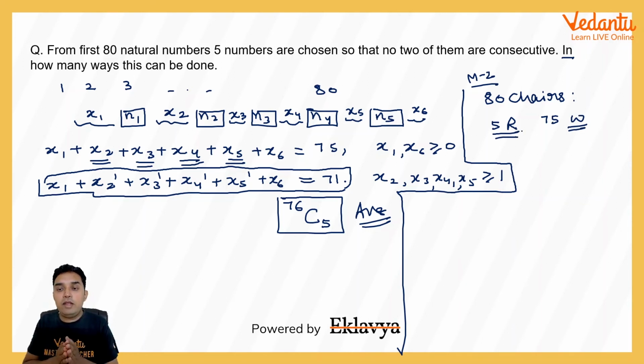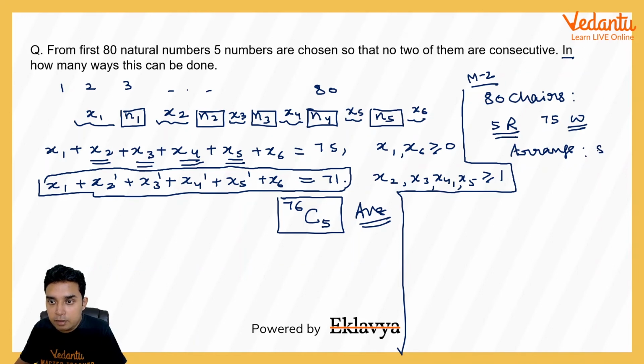Okay, and we will arrange these 80 chairs in a row in such a way that no two red are consecutive. So arrange these 80 chairs so that no two red are consecutive.